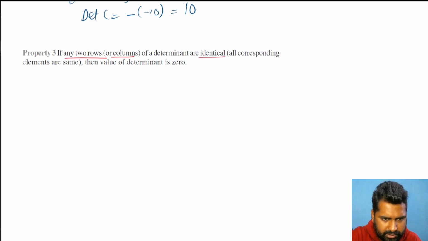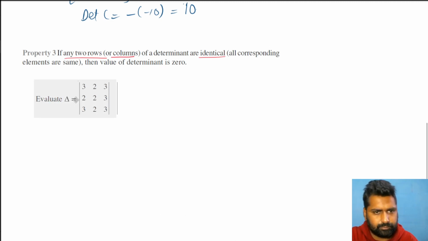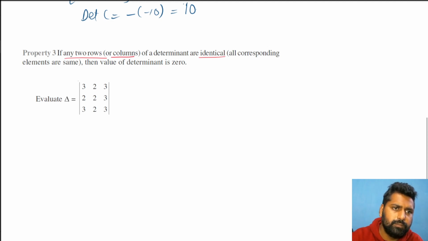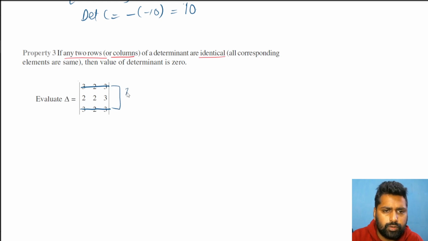I'll take one question. You tell me the answer for this. If I see this, the first thing I see is 3 2 3, 3 2 3. Two rows are the same.